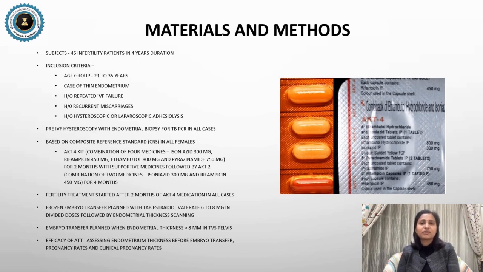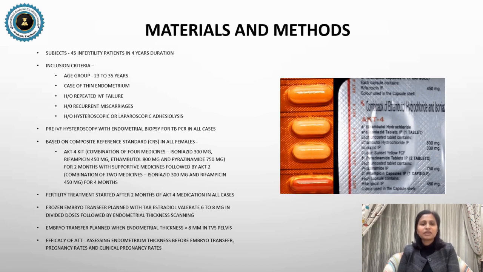First, we started with AKT4, that is the combination of 4 drugs, rifampicin, isoniazid, ethambutol, and pyrazinamide, for 2 months, and then they were shifted to AKT2, the combination of isoniazid and rifampicin. In all cases, the fertility treatment was started after 2 months of AKT4 treatment, and frozen embryo transfer was planned.